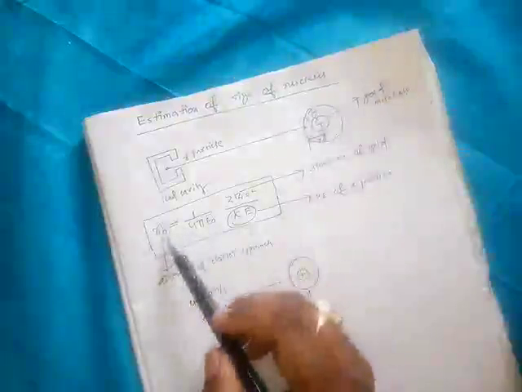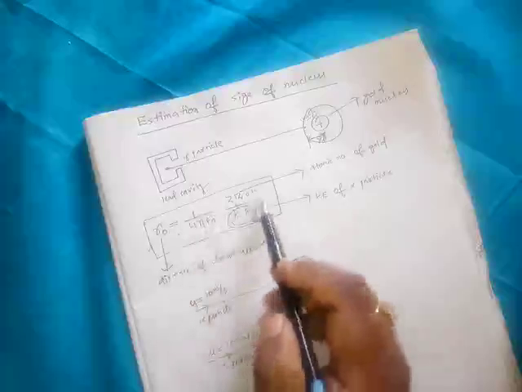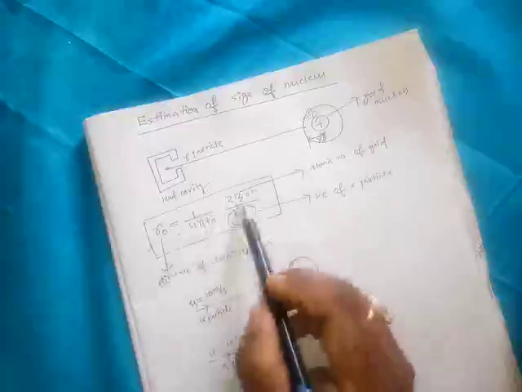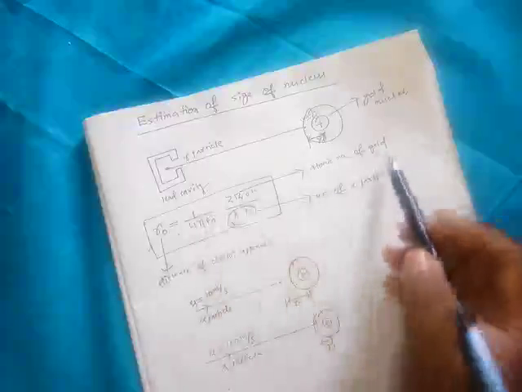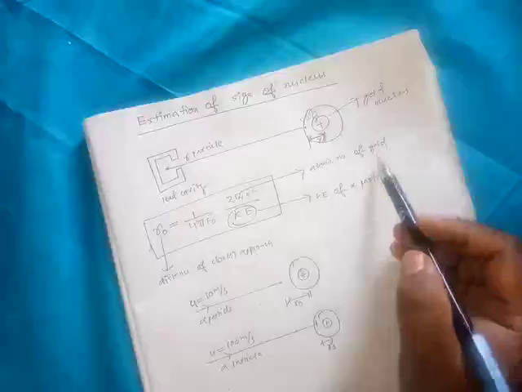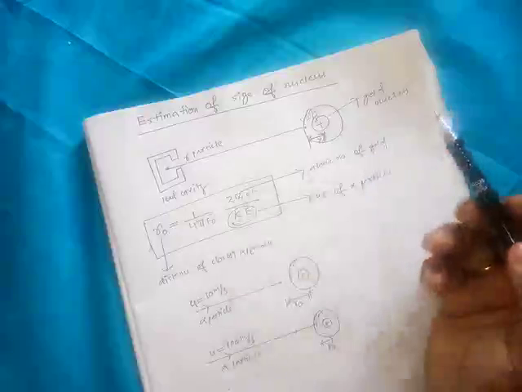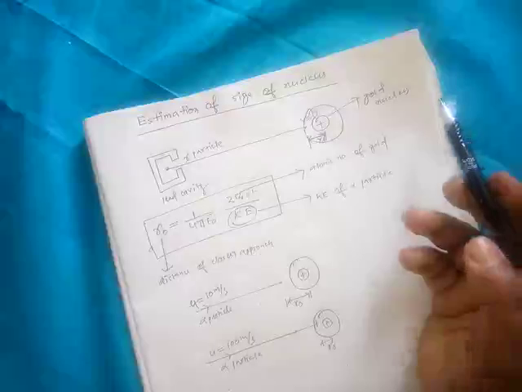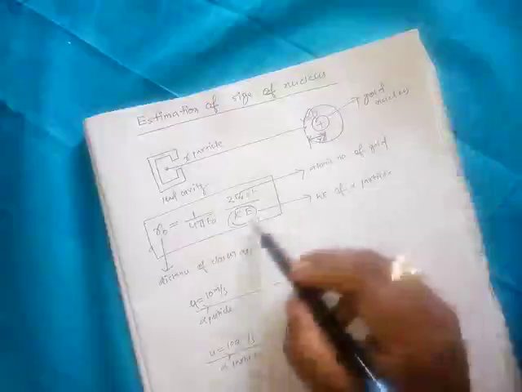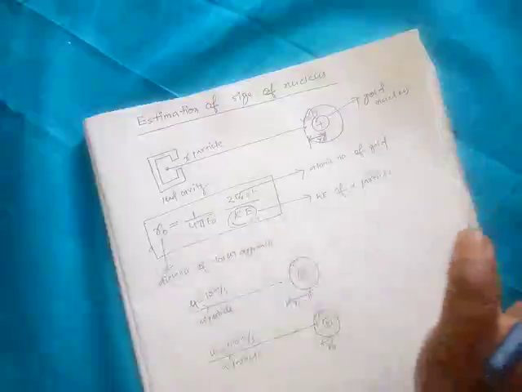Again we are familiar with this formula, r0 equal to 1 by 4 pi epsilon naught twice z square by kinetic energy, where z is the atomic number of the gold, because if we use gold for making the foil, then z is the atomic number of the gold. If we use a different material for making the foil, then z will be the atomic number of that particular material. And kinetic energy is what? It is the kinetic energy of the alpha particle. r0 is the distance of closest approach.